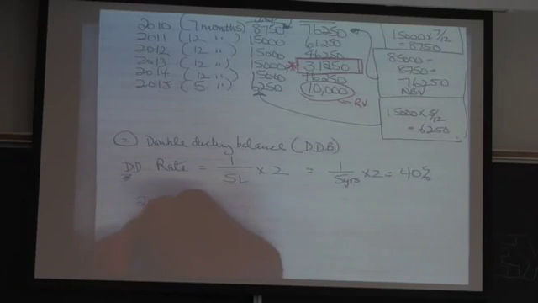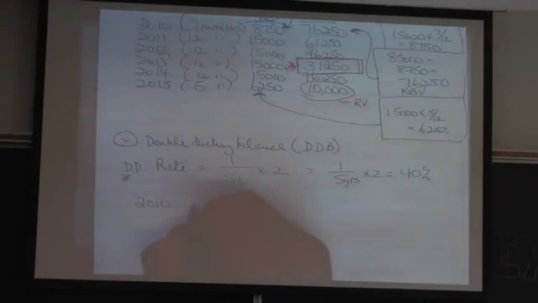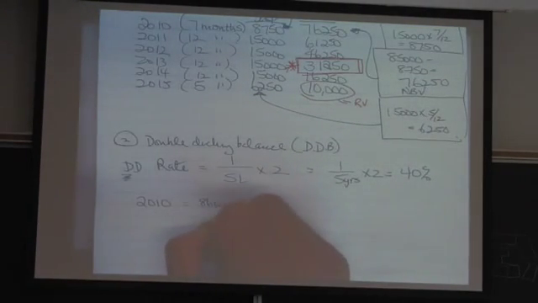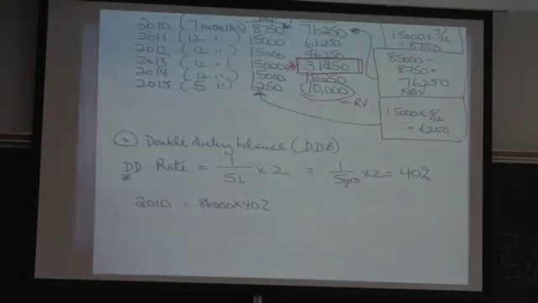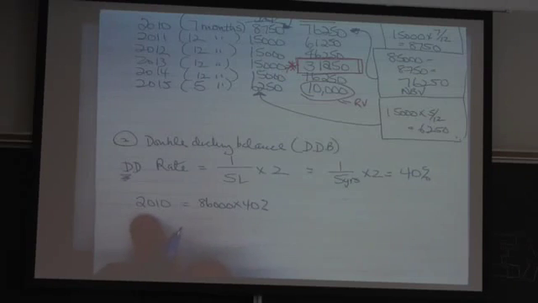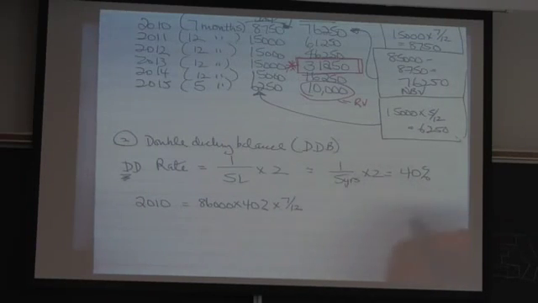So for the first year, 2010, the amortization expense or the depreciation expense should be 85,000 times 40%. But remember, this was only 7 months, so there's a proration. So 7 over 12 to give us 19,833.